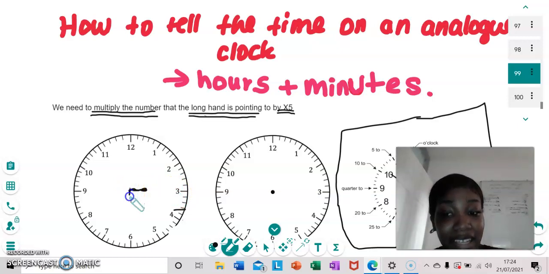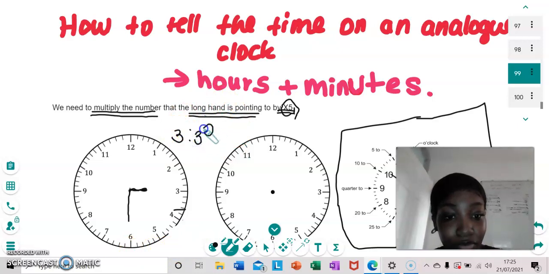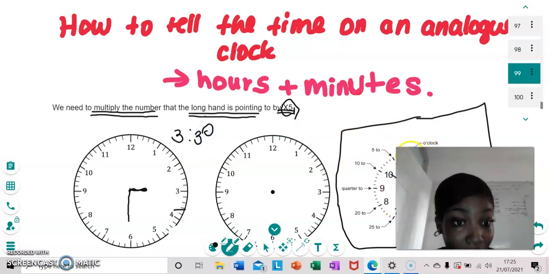To 6, exactly, because the long hand points to 6, and then we have to multiply 6 by 5. Great. So we end up with 30 instead of 6, so it will end up being our 3:30, okay? And this is how we would call a time.